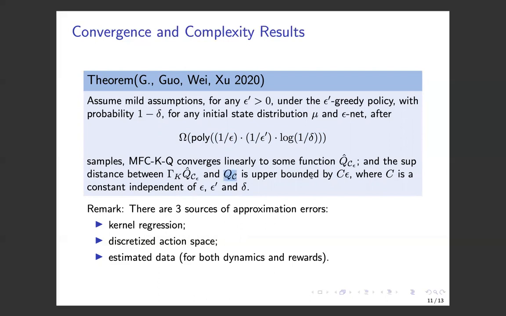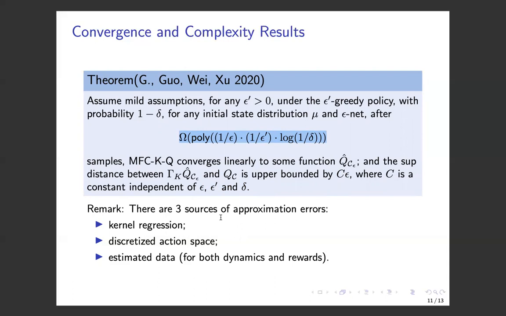And the error is bounded by some constant times the epsilon, where C is some constant independent of the model parameter. And also the sample complexity depends only polynomially on this model parameter.